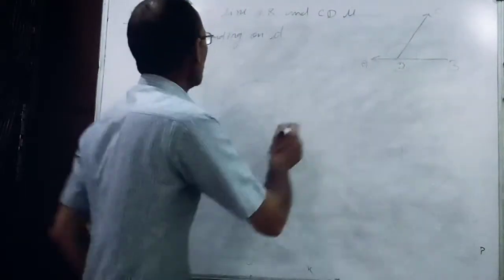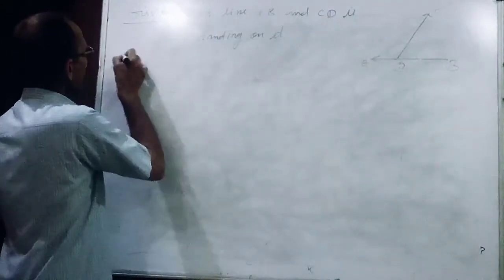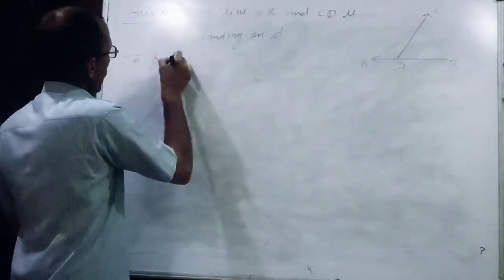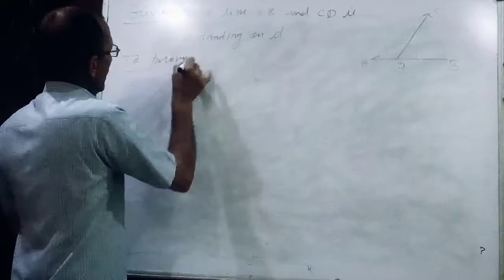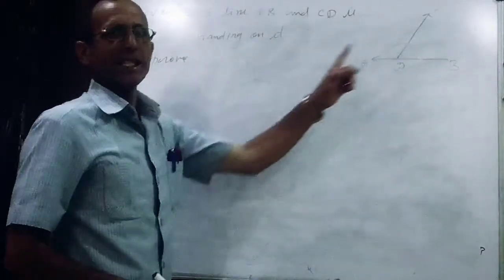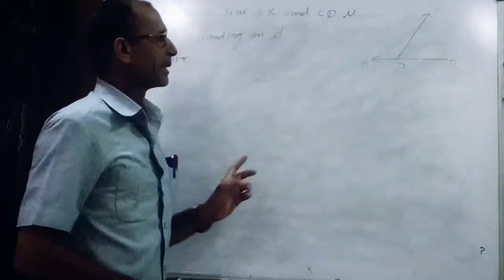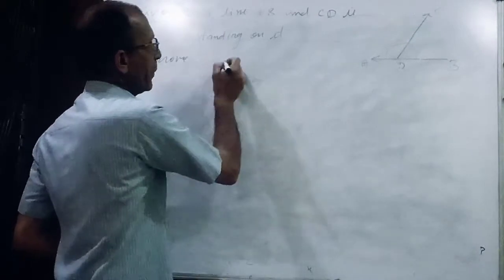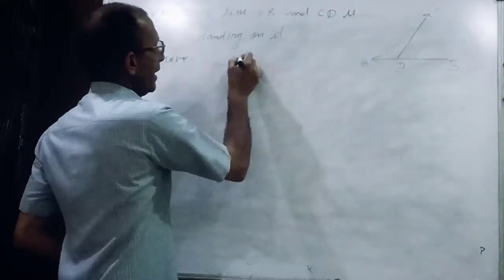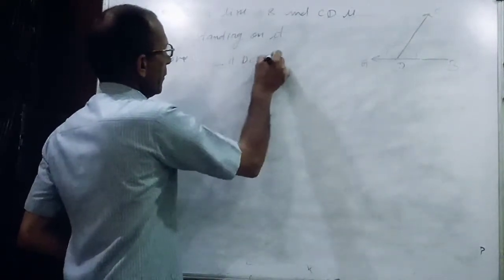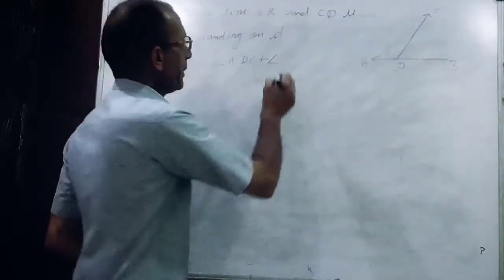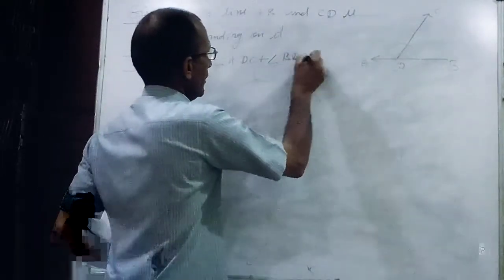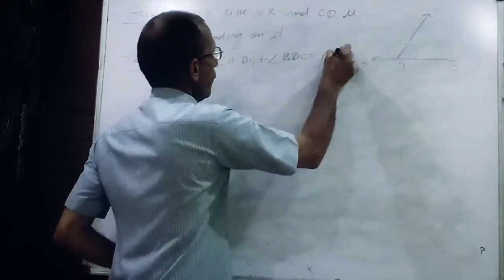Now we have to prove. To prove, what do we have to prove? The angles formed by these lines will be 180 degrees. It means the measure of angle ADC plus angle BDC will be 180 degrees.